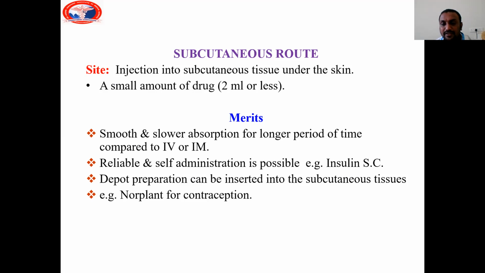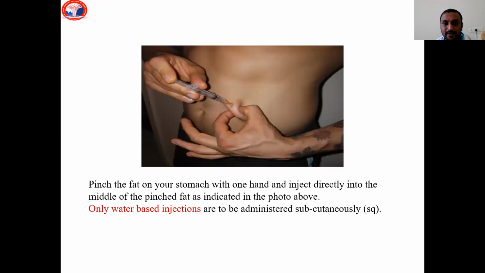For example, insulin is given to diabetic patients by this subcutaneous route, and depot preparations can be inserted into the subcutaneous tissues, for example Norplant for contraception.